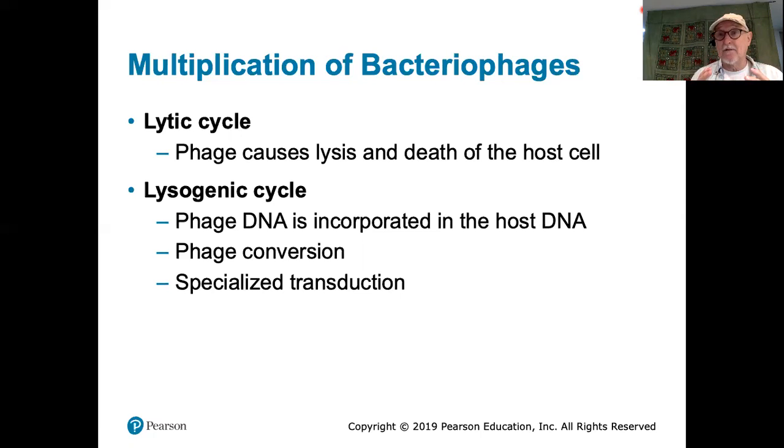They become latent for a long time and then are reactivated for one reason or another, and then go into a lytic phase. This is very important in maintenance of bacterial populations. Viruses are a major control mechanism for bacterial populations.